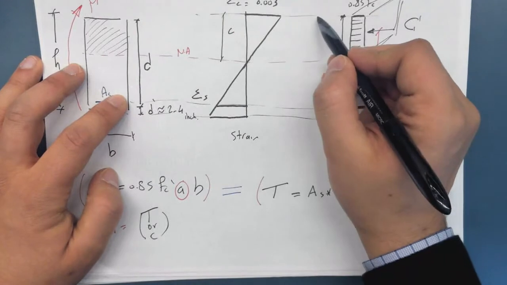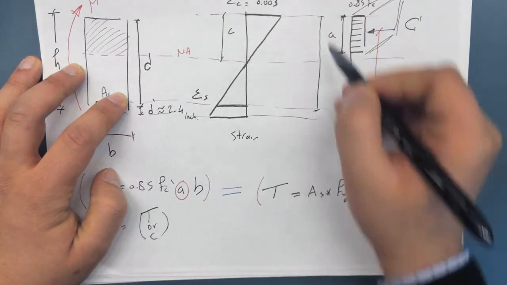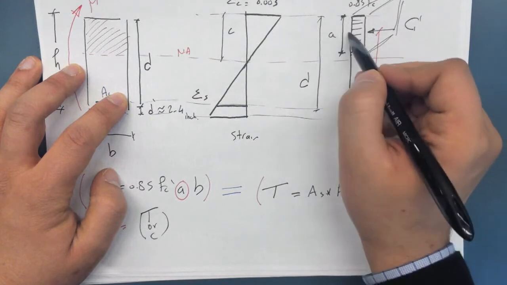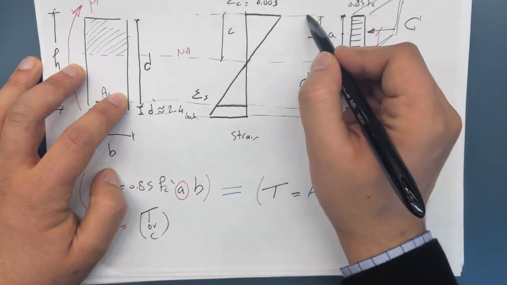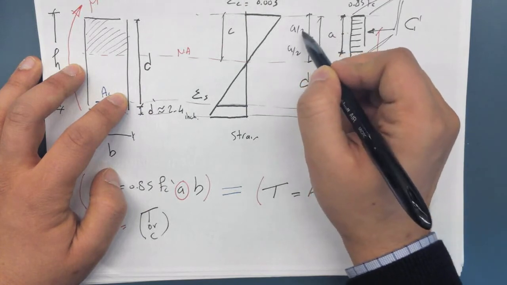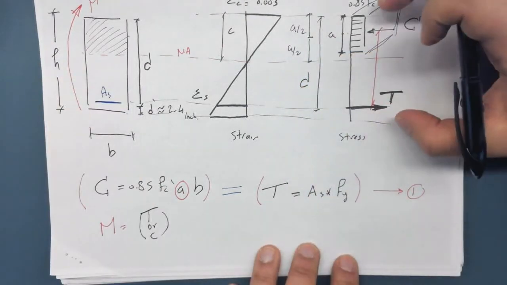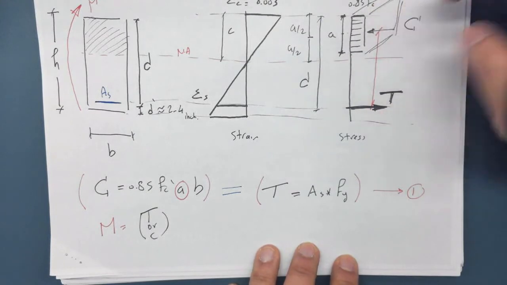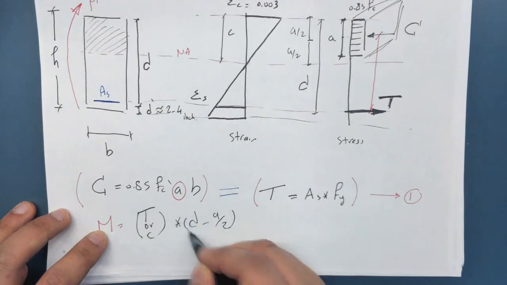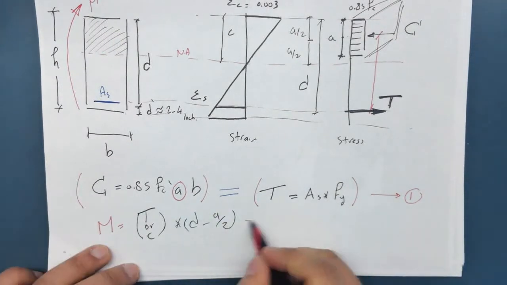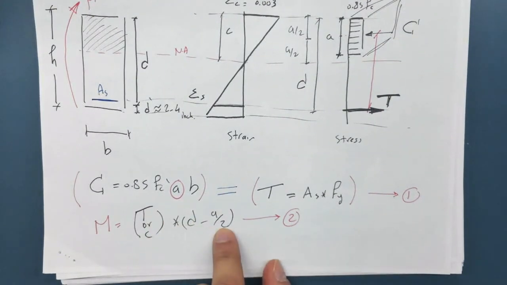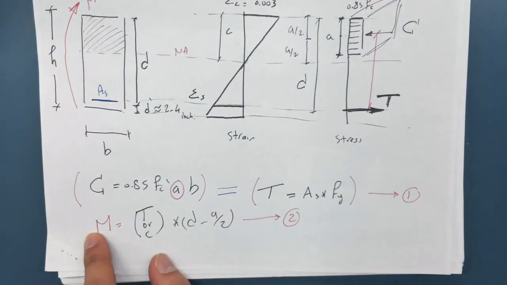We know that this here is called D, and this is a rectangle, so this is half of the height, so this is A over 2, and this is A over 2. So the lever arm between both of those is simply D minus A over 2. So multiply this by D minus A over 2. And this is the second equation that we have in common. And if you have A, now we can plug everything in here and find the moment capacity of this section.